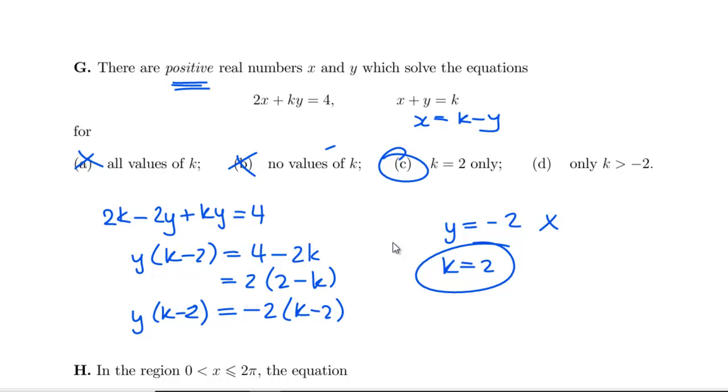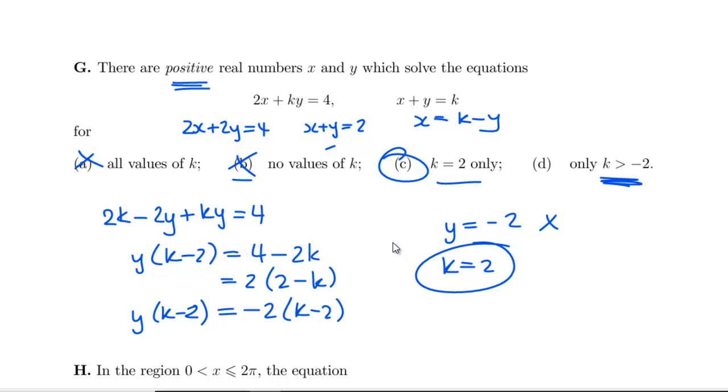But I reckon you could have picked through, because if you put k is 2 in here and then you solve it, which we must be able to, I'm just intrigued as to how quickly, 2x plus 2y equals 4, x plus y equals 2. So that's just, well, yes, it clearly does work. So that would have ruled out B. Does it work for all values of k? The usual thing is to try out something really weird, like a huge negative number or a huge positive number.